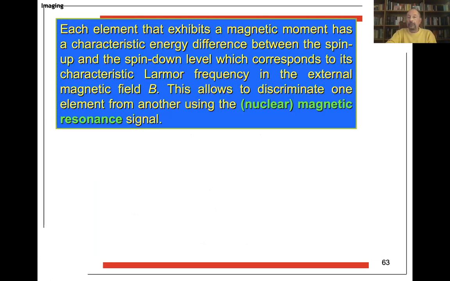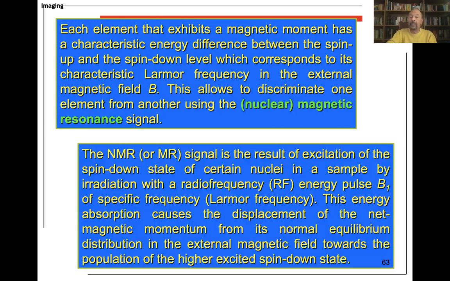Now, this allows us to discriminate one element from another using the nuclear magnetic resonance signal. Why is that? Because each element has a characteristic energy difference between the spin up and spin down, which corresponds to its characteristic Larmor frequency. So the MR signal is the result of the excitation of the spin down states using a radio frequency.